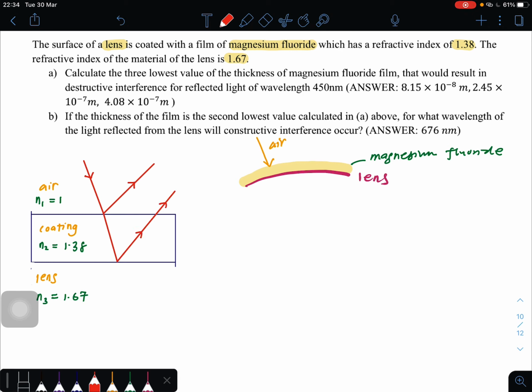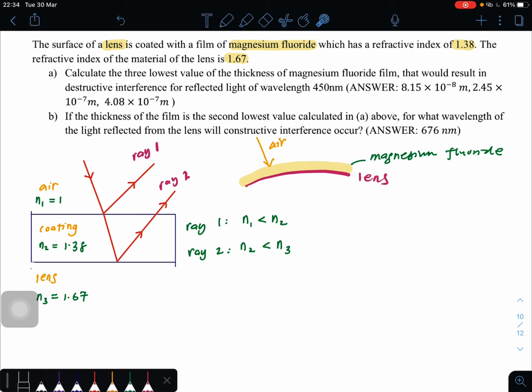Okay, it will look something like this. So we have ray 1 and ray 2. For ray 1, n1 is less than n2. And for ray 2, n2 will be less than n3.